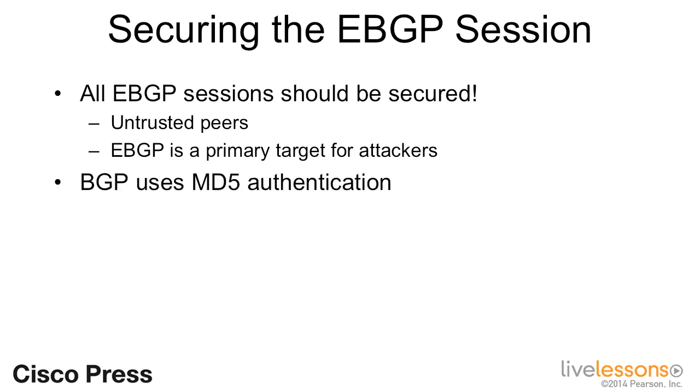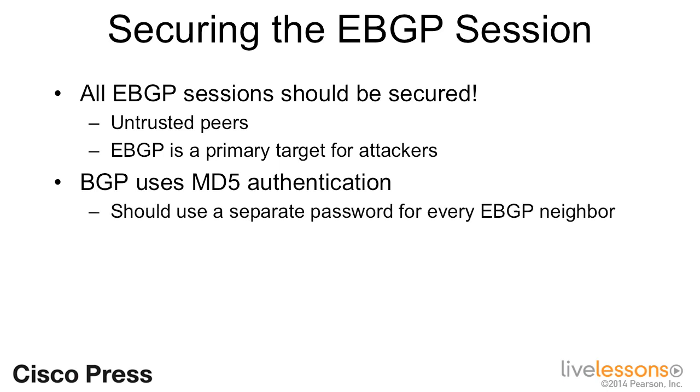BGP uses MD5 authentication, and while it's usually good enough to use a common password within an AS for all IGP sessions, and even for IBGP sessions, you should use a separate password for every EBGP session.